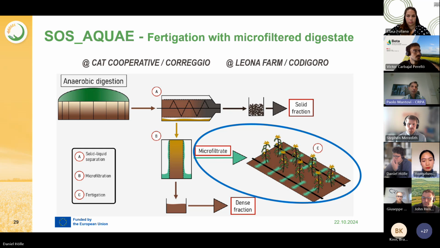The dense fraction has characteristics that are very similar to the raw digestate.